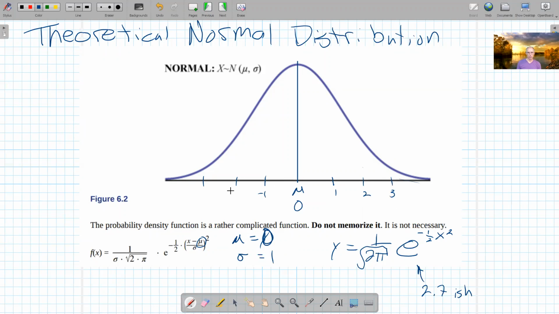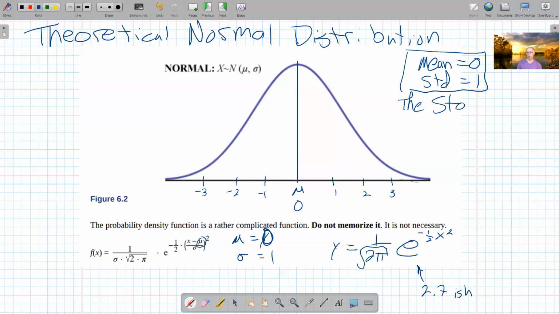This would be -1, -2, -3. So if we ever make a graph of a normal distribution where the mean is 0 and the standard deviation is 1, those two facts together mean we have what's called the standard normal distribution.